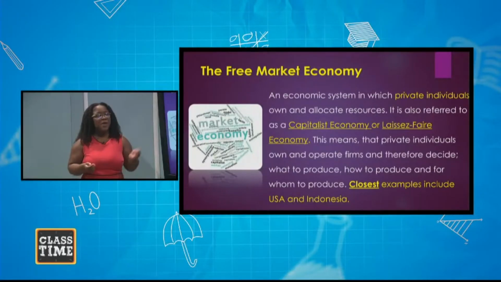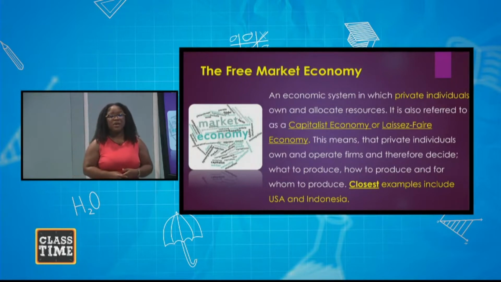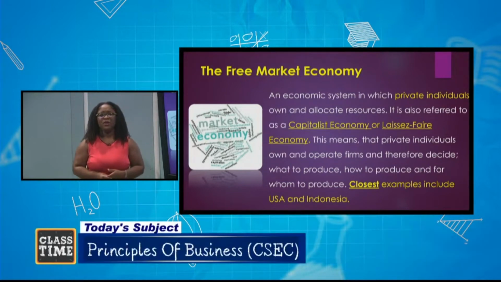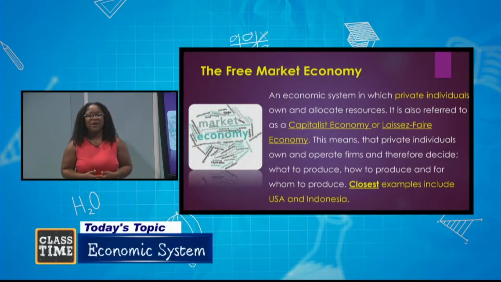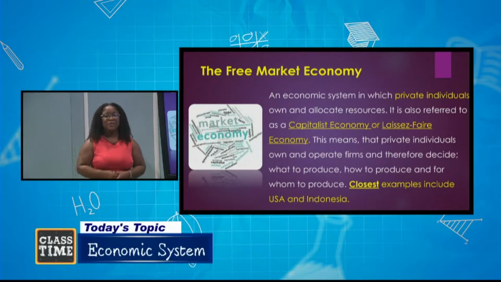So these resource allocation questions are answered by private individuals. In the free market economy, how to produce is decided based on the availability of resources as well as how expensive it is to go either capital intensive or labor intensive. The private sector may decide to go into capital intensive production because it might make better sense and be more profitable.